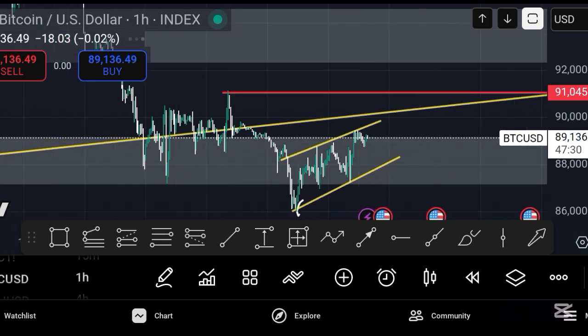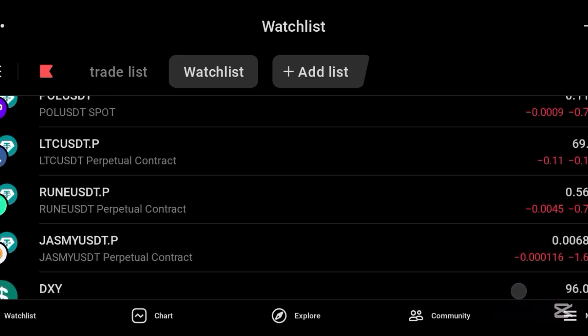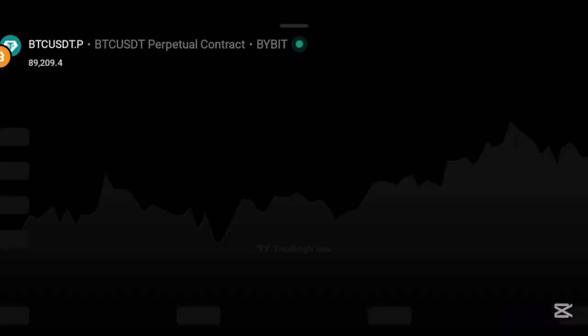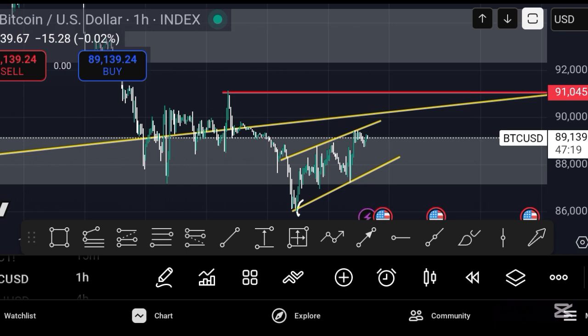So let me quickly show you guys the trade setup on BTC USDT we took. That trade hit stop loss because I was anticipating a short when, on the daily time frame, price broke below that bear flag pattern.